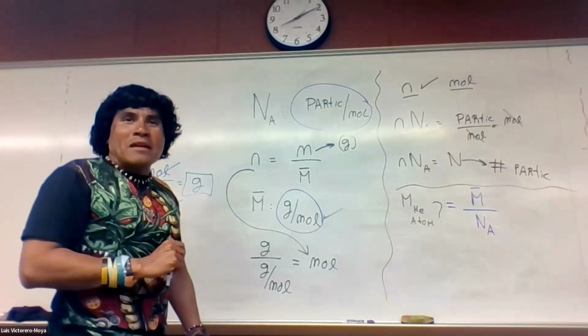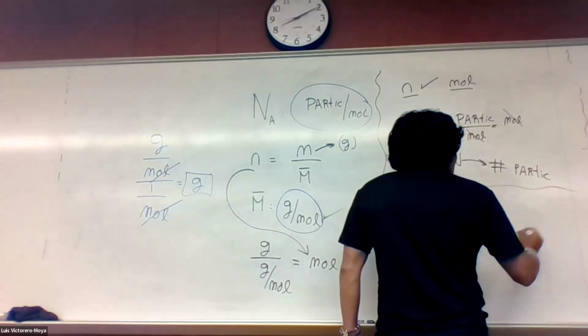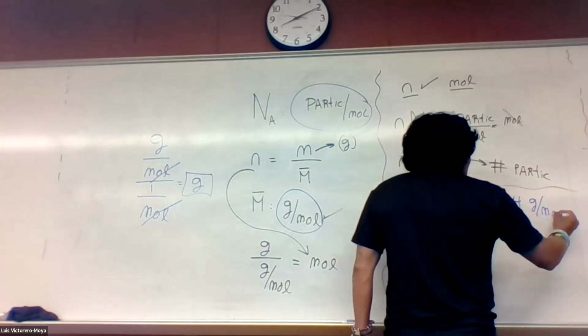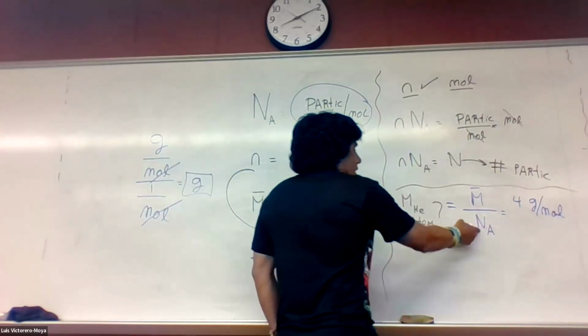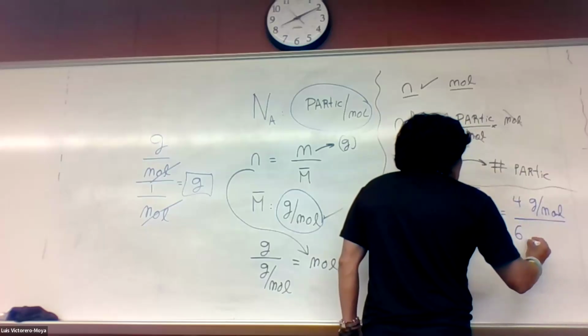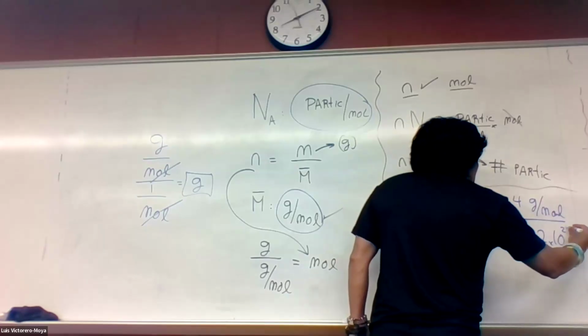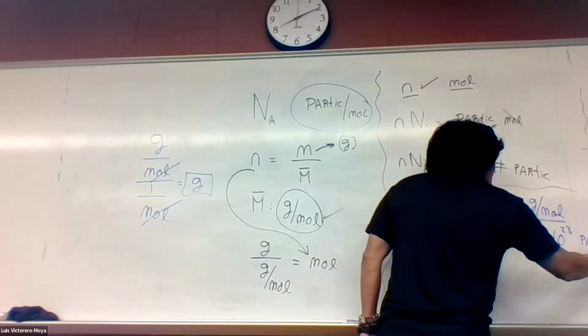The atomic mass of helium is exactly 4 grams per mole, and I divide by the Avogadro number in particles per mole.